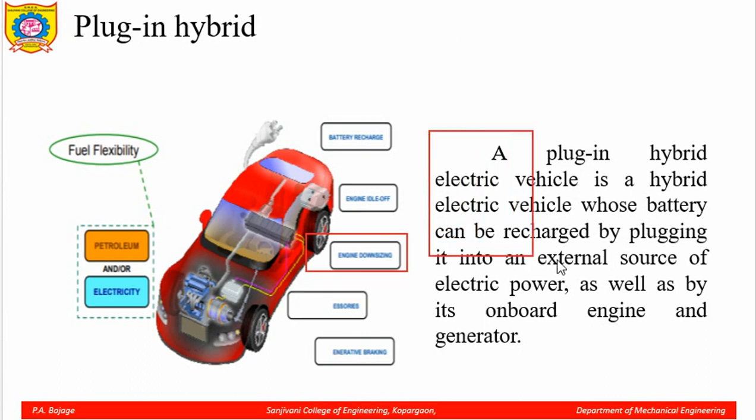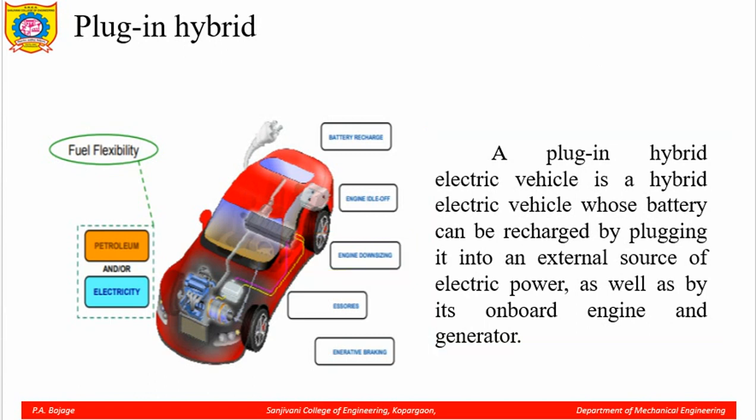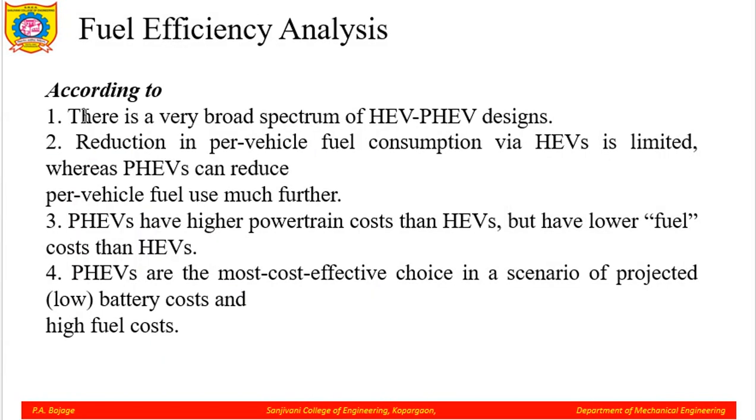So a plug-in hybrid electric vehicle is a hybrid electric vehicle whose battery can be charged by plugging it into an external source of electric power, as well as by an onboard engine and a generator. So both the facilities are available, and that is the reason why we get a flexibility. So fuel efficiency analysis.